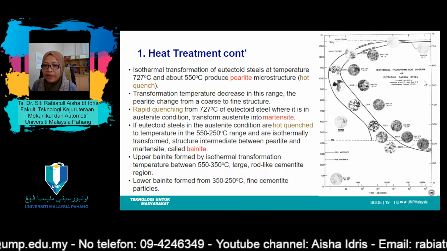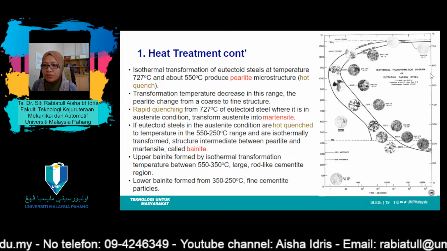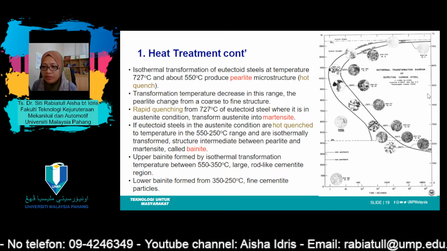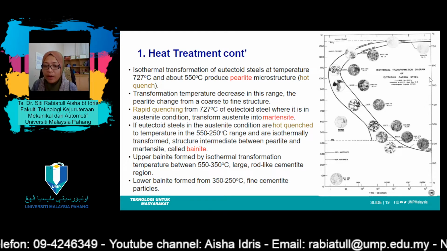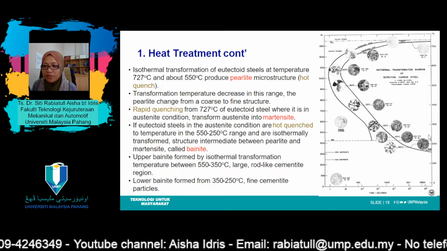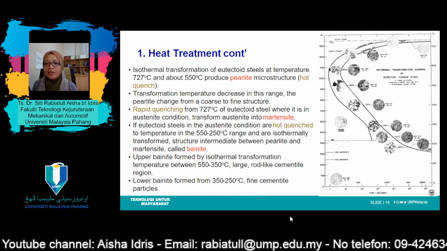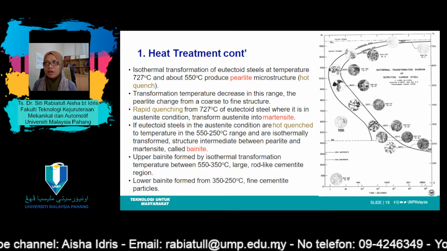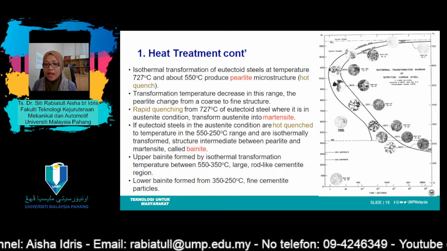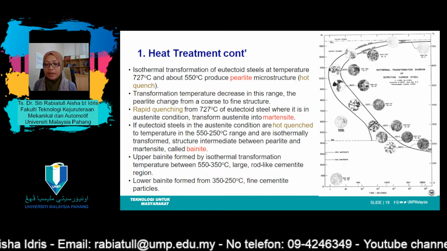For upper bainite, the temperature range is from 350 until 550, whereas for lower bainite, it starts from 250 until 350. And the structure is slightly different between upper bainite and lower bainite.